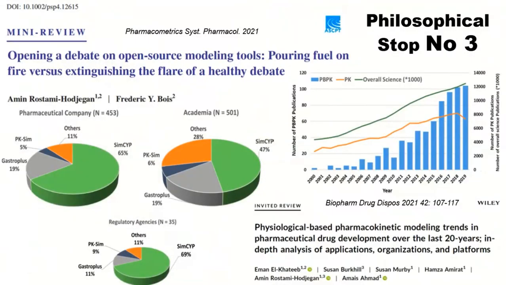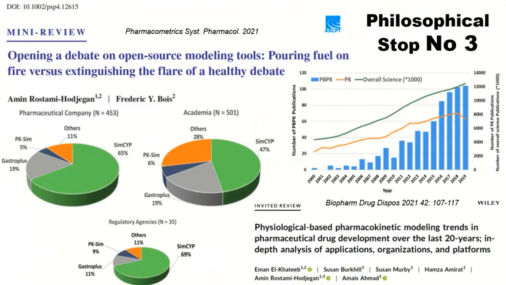Fast forward to the year 2021, we published another piece that was related to the survey our team had done on applications of the PBPK models and comparing it with the classical PK growth over the last 20 years.